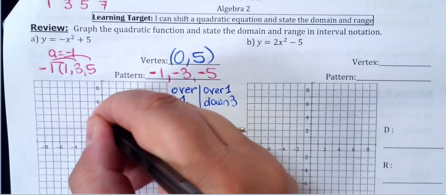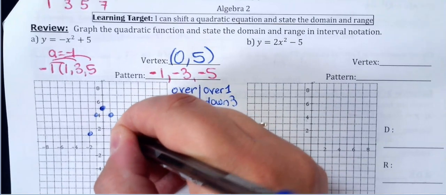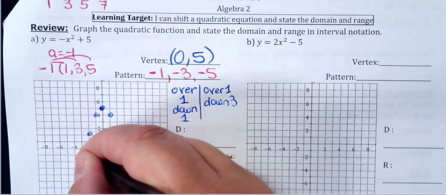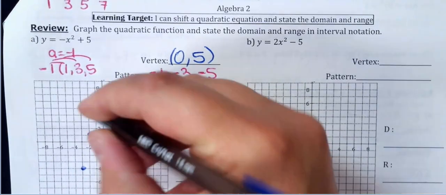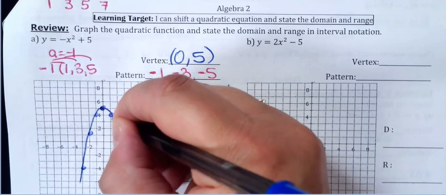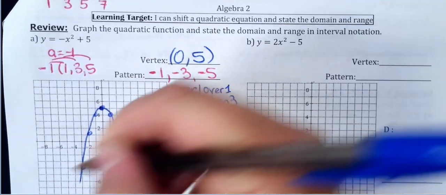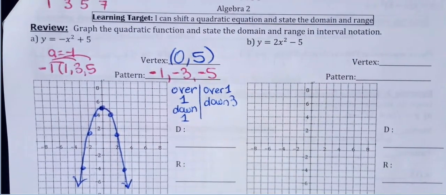And then from those 2 points that you put on there, over 1, down 3. And then from those 2 points, over 1, down 5. And then I'm just going to do my best to make a U shape, so it's curved there. And that's got 7 different points that we graphed using that pattern.